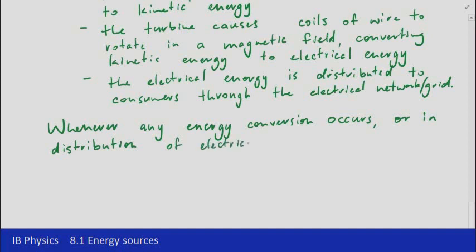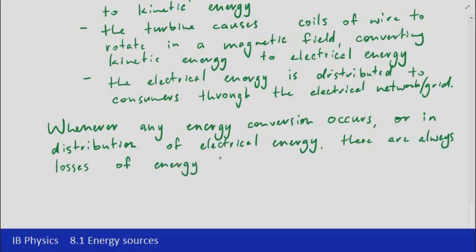Usually the forms that we're going to talk about there are internal energy and sound energy. What the exact forms are will vary depending on the scenario, but ultimately we need to be aware of the fact that there are always losses of energy. And when we say losses, basically what we mean is that the energy is no longer in a useful form, and it's lost to the environment.